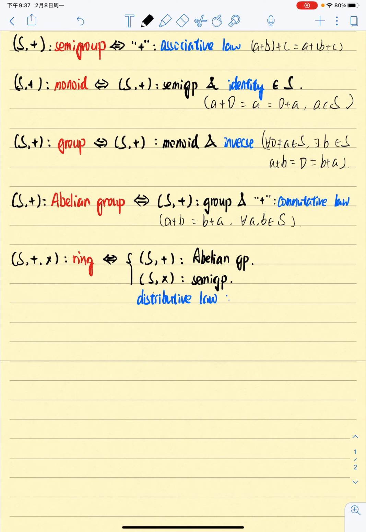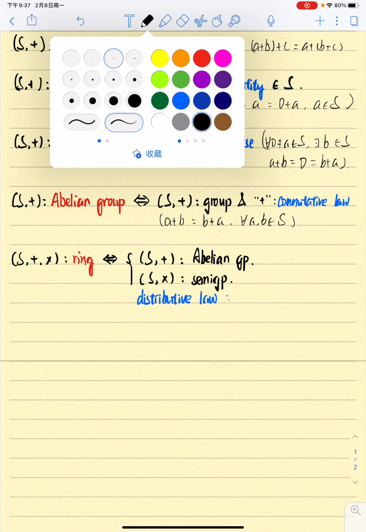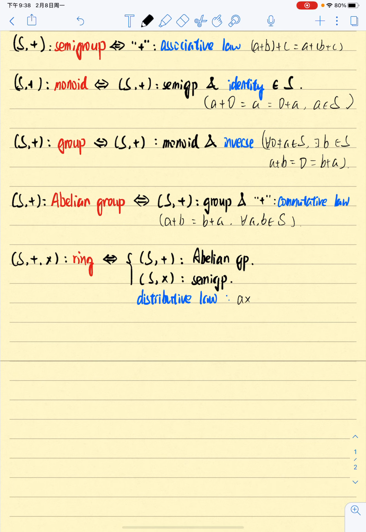The distributive law means A multiply B plus C equals A multiply B plus A multiply C, and A plus B then multiply C equals A multiply C plus B multiply C. These two are the left and right distributive laws.